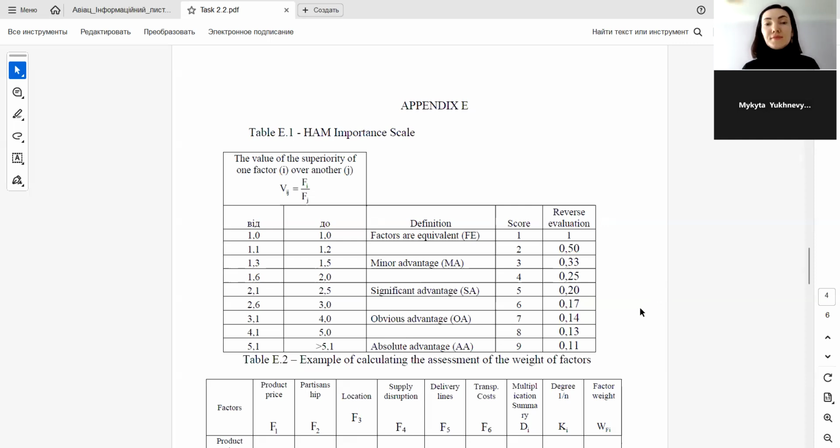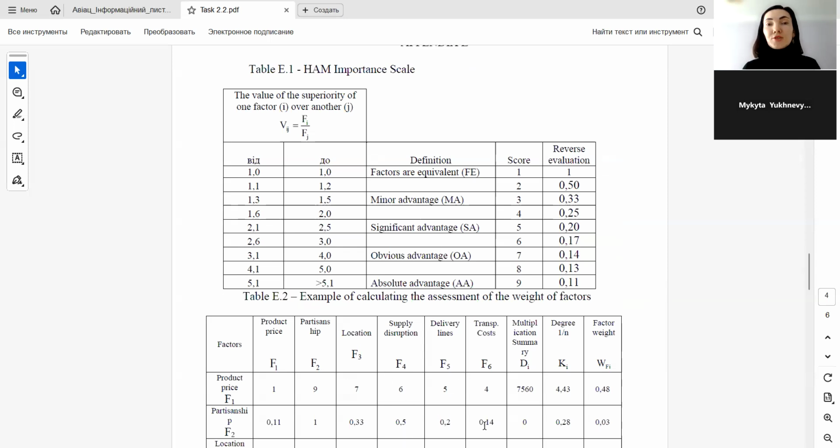Also write the score and reverse evaluation, and we continue to find wages for first factor and for fifth factor.